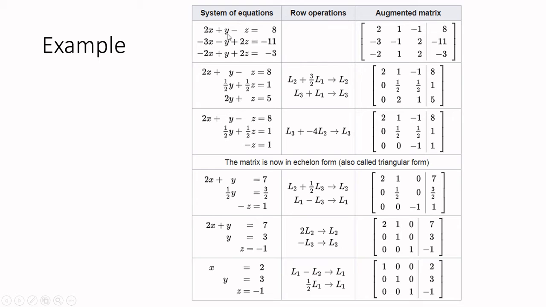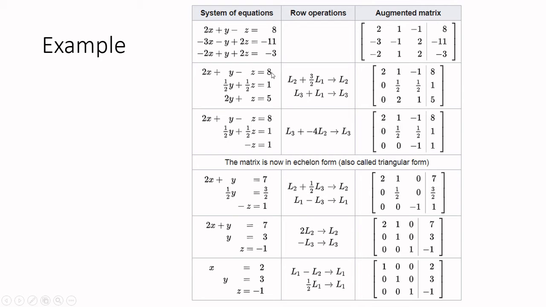Now in the first equation, we select this as the pivot equation, and we have the number 2 over here as the pivot. So we try to eliminate the coefficients of x in the next two equations, that is equation 2 and equation 3. We do this kind of row operation.